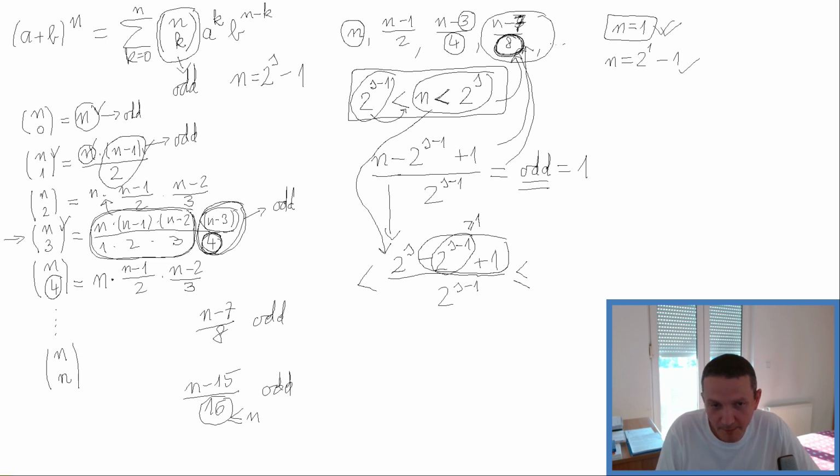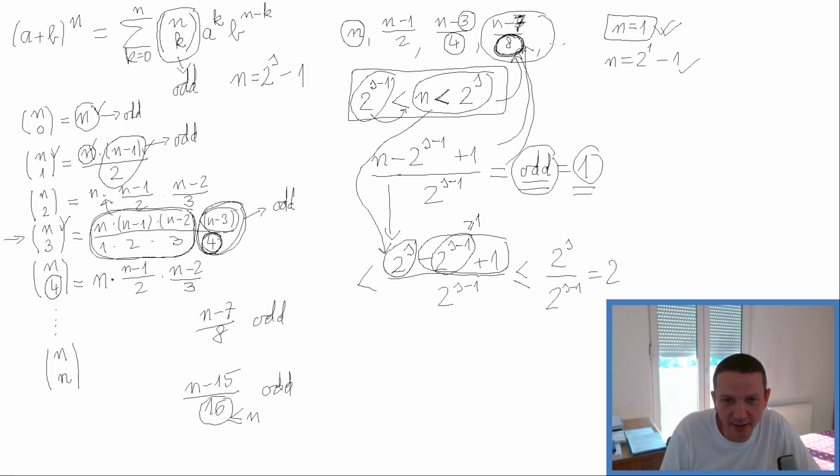So the maximum value of this fraction is this first part of the sum in the numerator, 2 to the s over the denominator, which is 2 to the s minus 1, and this is equal to 2. So this odd guy here is less than or equal to 2, so it should be 1. This cannot be any other odd number but 1.